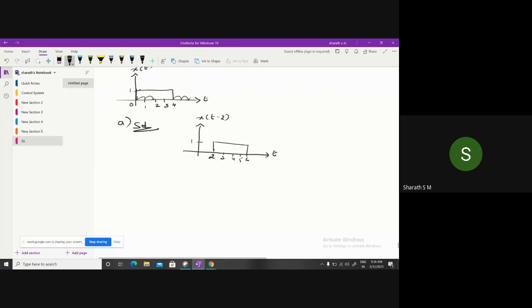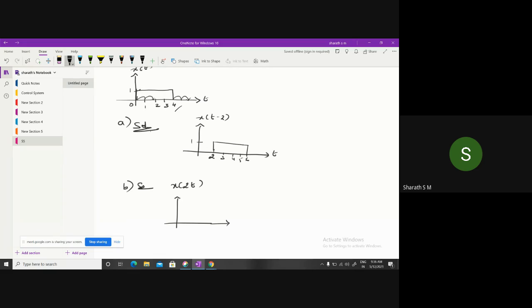Afterwards, x of 2t. X of 2t means divide the whole scale by 2.